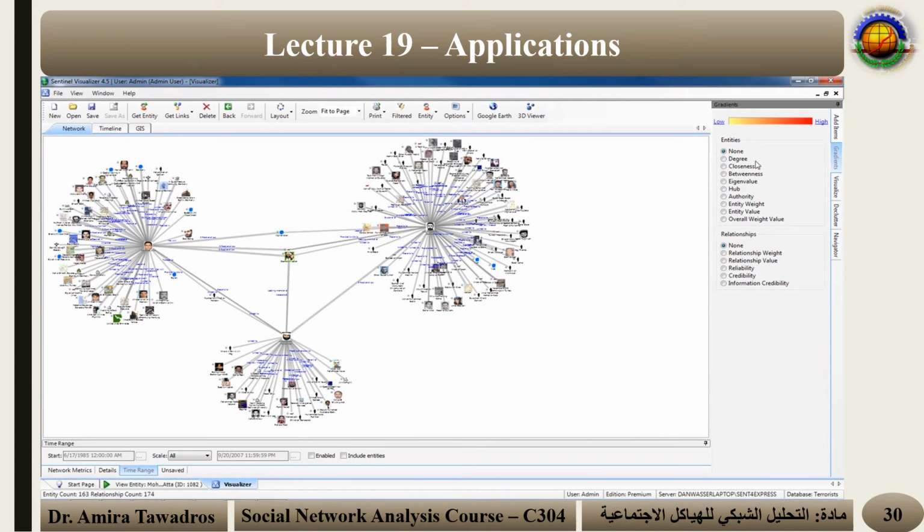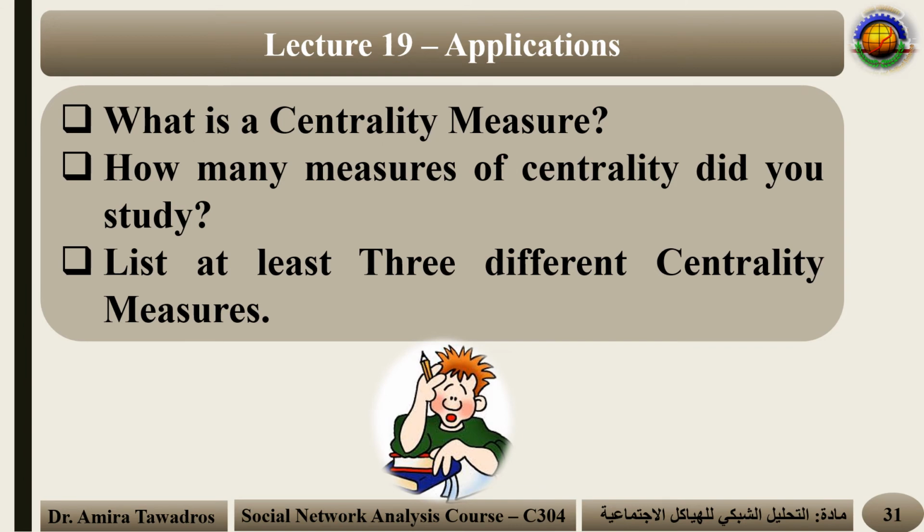Now we have some features here in tabs at the right hand side of the screen. You see it. One of them is called gradients, where you can see the importance of each entity based on different centrality measures. So, do you remember centrality measures?